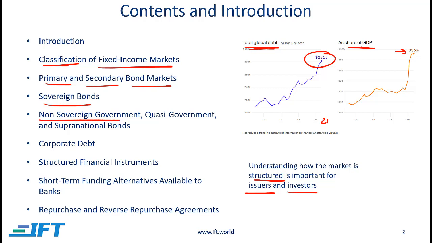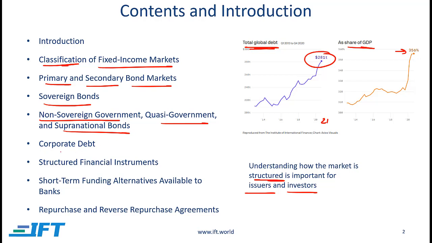Then we have non-sovereign government debt or non-sovereign government bonds, quasi-government bonds, and supranational bonds. So non-sovereign government bonds might be issued by states or provinces or government entities. Supranational bonds are issued by entities that span nations. So for example, entities like the IMF or World Bank.